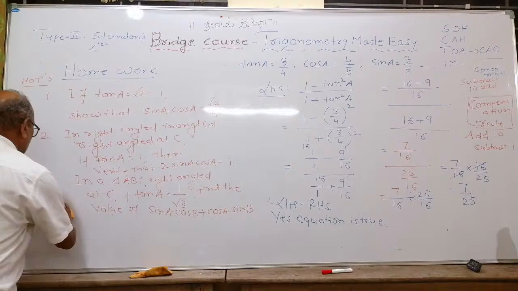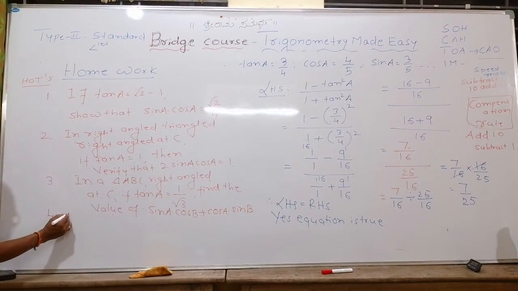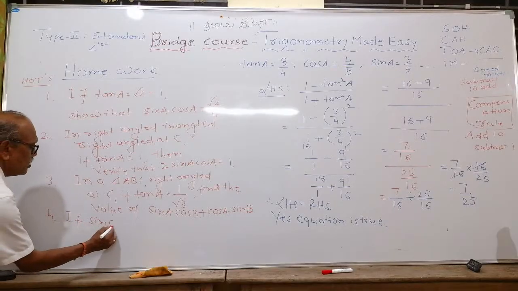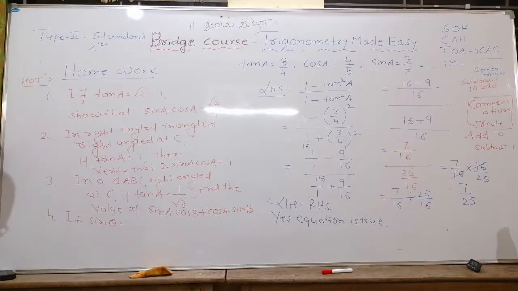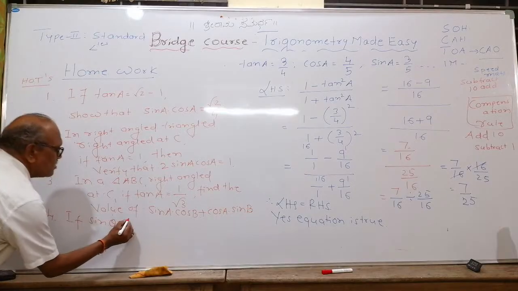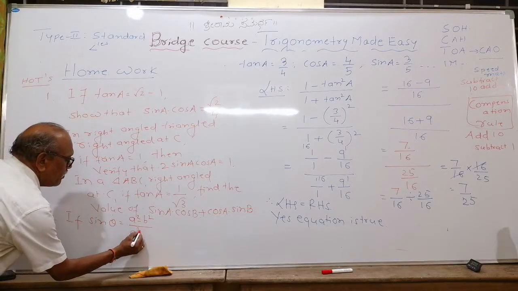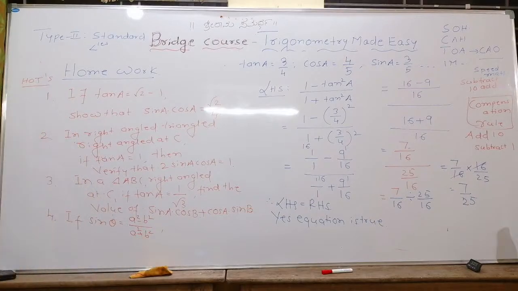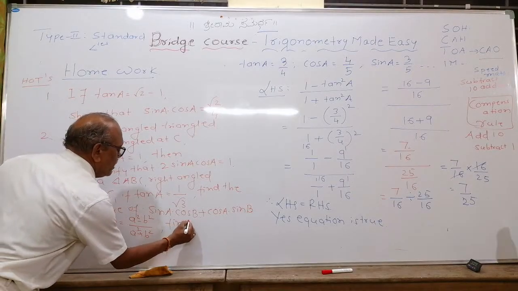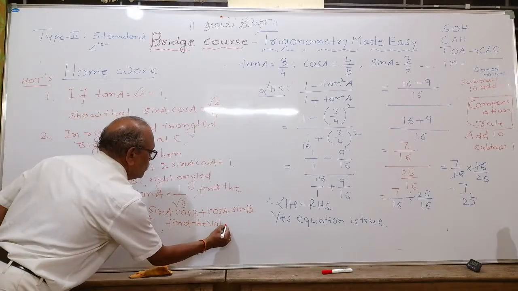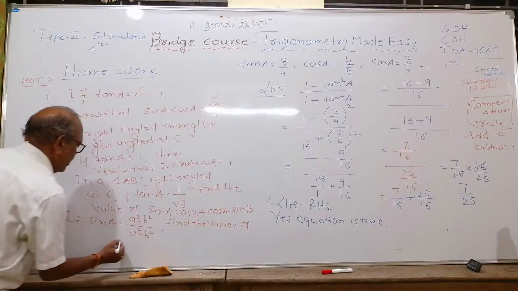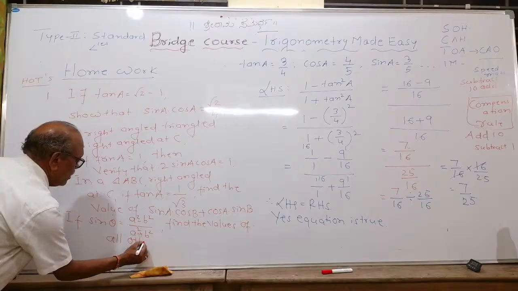Last question today: if sin theta is equal to a square minus b square divided by a square plus b square, find the values of all other trigonometric ratios, all other t ratios.